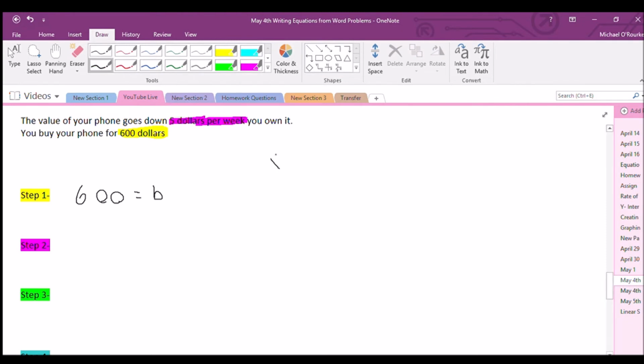Okay, X, Y, then this is what, $5. Now it's going down, so that's actually going to be a minus 5. Now in terms here, the value of the phone, so this is going to be V for value, and X is our weeks.